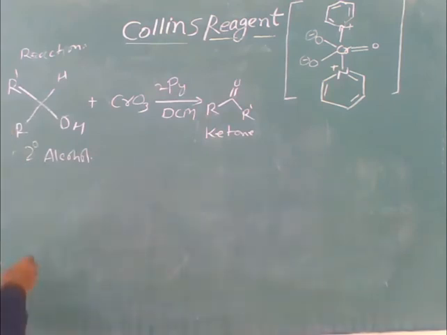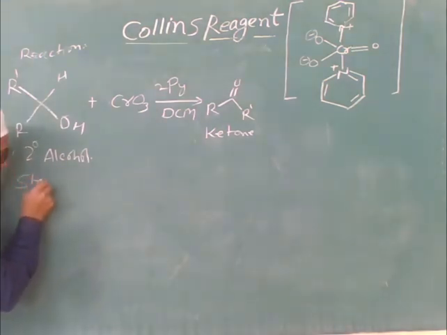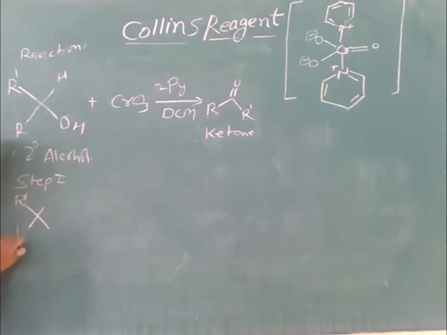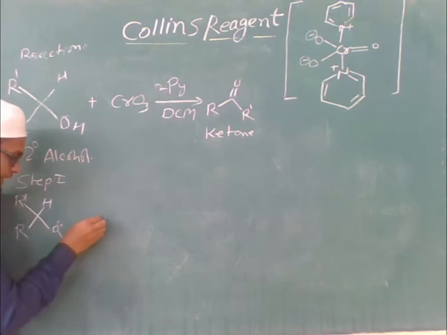So I have the first step of the mechanism with me. The first step is nucleophilic attack. R dash, R, H, O, H. This oxygen has a lone pair. This is chromium trioxide.